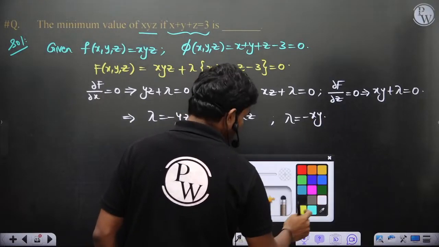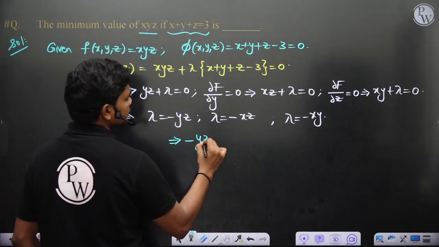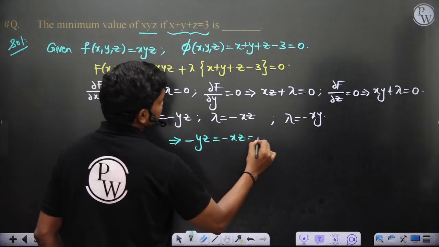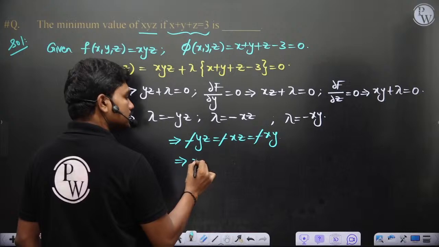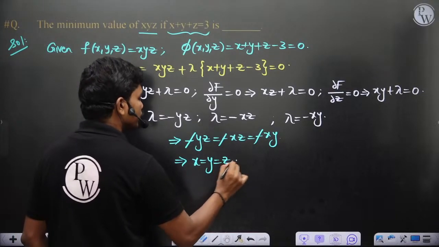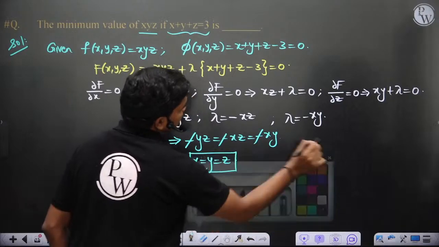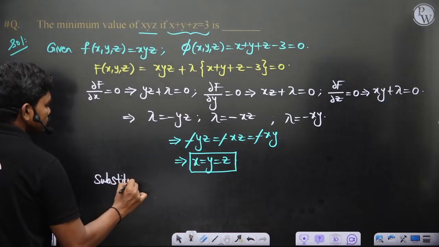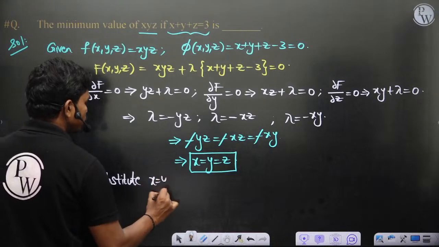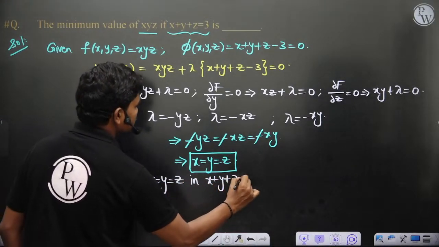So this ultimately tells you that of course all three terms are cyclic. If you write minus yz is equal to minus xz is equal to minus xy, ultimately this tells you x, y, z all are the same, of course. So you got the relation for the optimal condition. Once you get the relation, substitute x is equal to y is equal to z in x plus y plus z is equal to 3.